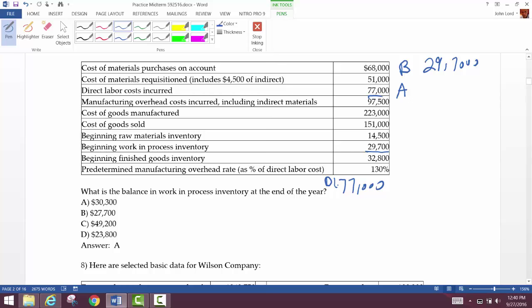Anything else? Manufacturing overhead. Okay, so my predetermined manufacturing overhead rate is what? 130%. So I'm going to take 1.3 times this 77,000 of my direct labor cost. Okay, I'm going to write direct labor over here a little bit. 77,000. Just doing a side calculation. What's 1.3 of 77,000?